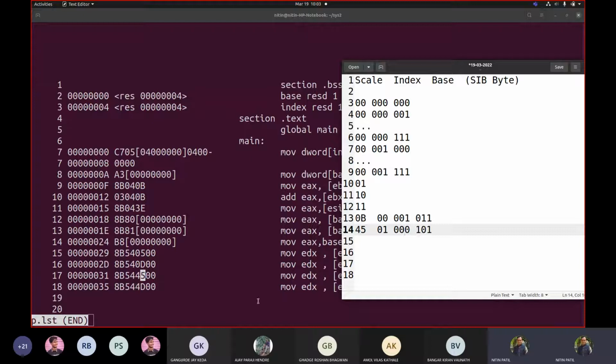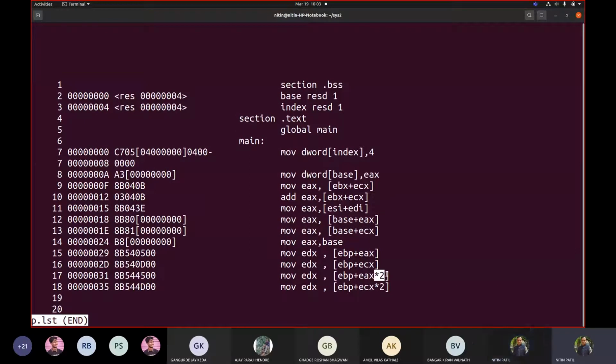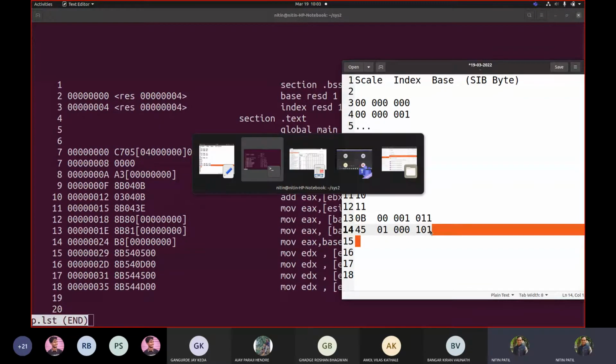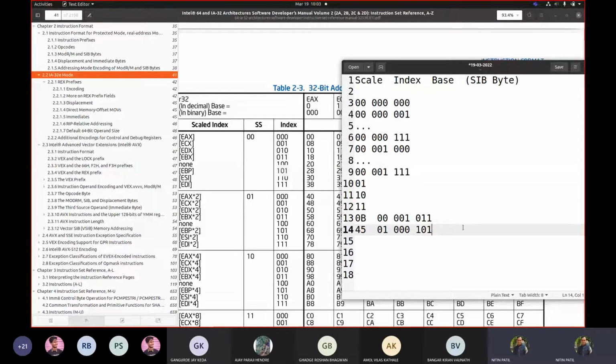Now in that instruction 0 1 is the scale, not mod, because we used multiplied by 2. So for 2, it is 0 1. Now the registers are EBP and EAX. Let us see what EBP is. EBP was taken as 101. You can see 101. Correct.